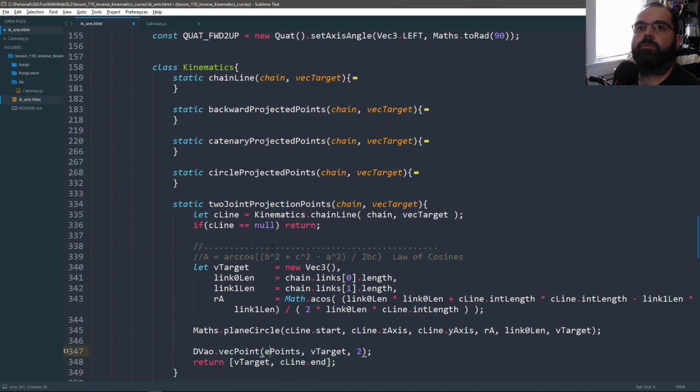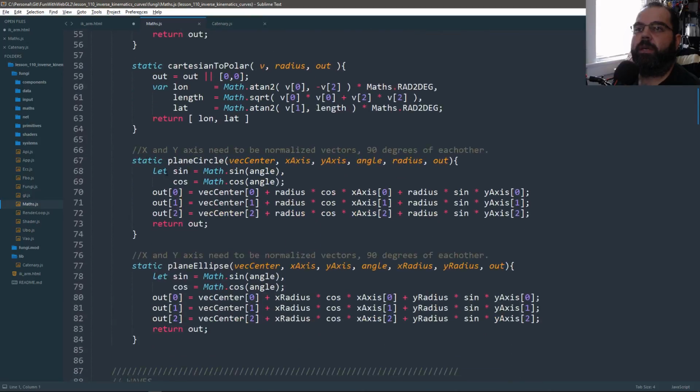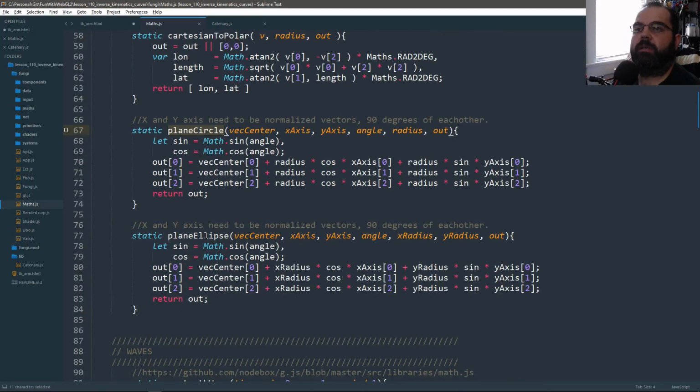Now, I guess I can show you that function because I think I've never shown it before. I threw it inside the maths, and it's a plane circle and plane ellipse. Very simple. The interesting thing is that you need to pass in a center point, which can be just 0, 0, 0.